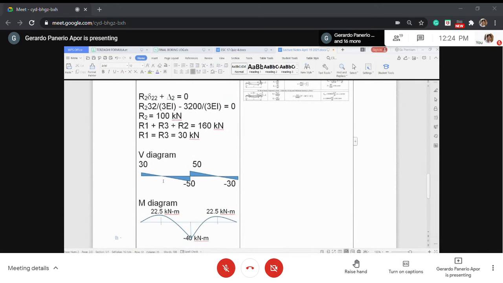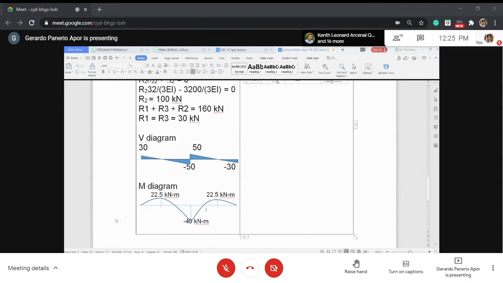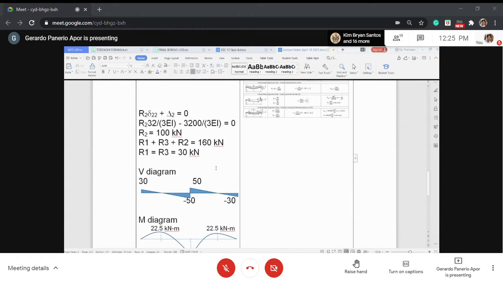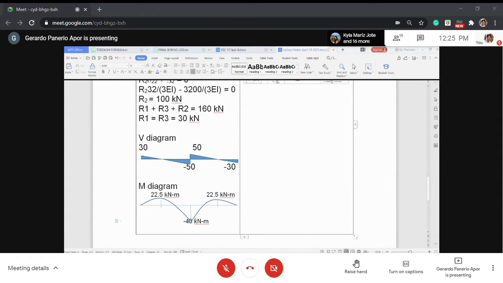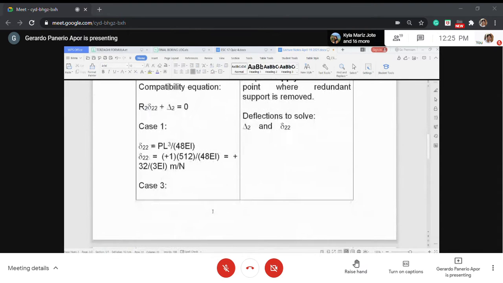And R1, R2, R3, if you know that already, you can do the shear diagram. Once you know the shear diagram, you can also do the moment diagram and look for the maximum moment. So the shape of the moment diagram looks like this. When you are using the method, the first thing that you determine are the reactions, then the shear and the moment.